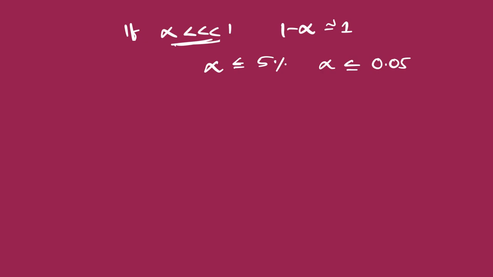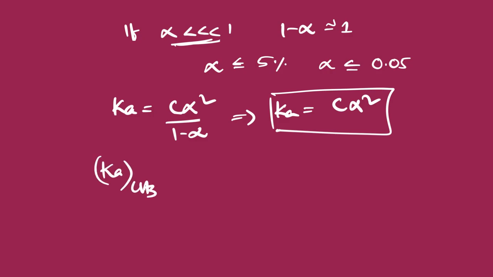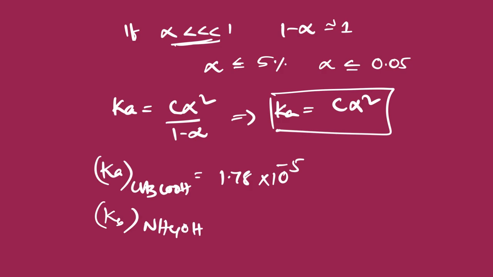That is, Ka is equal to C alpha square. Ka for acetic acid is generally known from the first year, that is 1.78 into 10 power minus 5, and Kb for NH4OH also is 1.75 into 10 power minus 5.